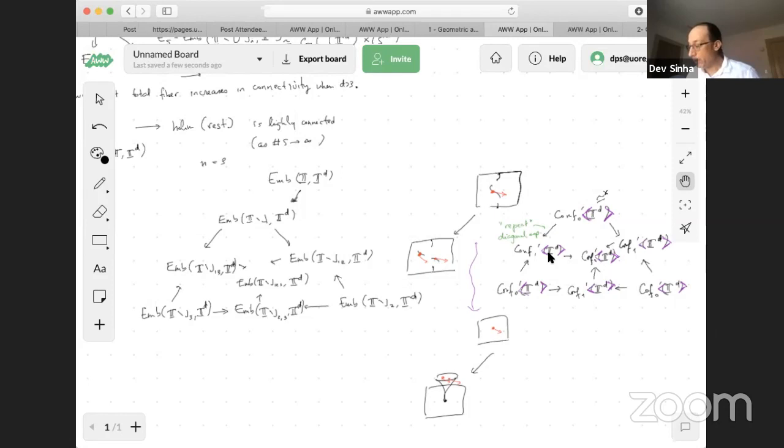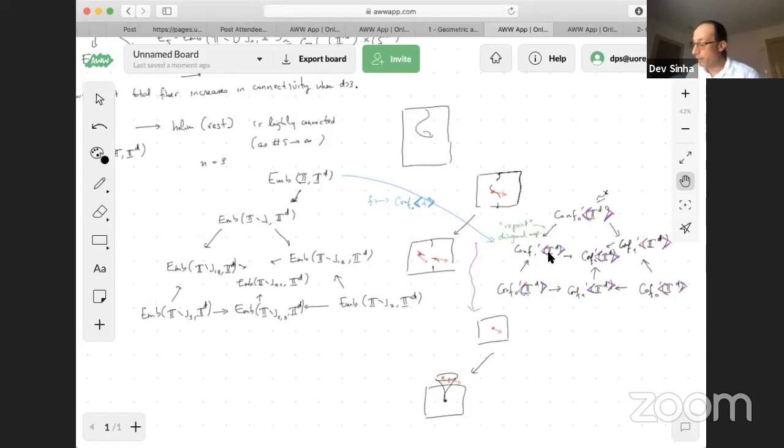I also have a map from the embedding space to this diagram, namely take F to the configuration space functor of F. And let me be clear that I want to do this with the compactification. So in other words, I have my knot. Let me write this above. I'll again just kind of draw this in 2 dimensions.